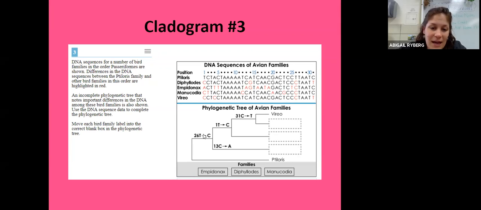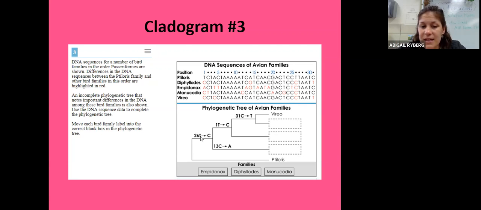So what this actually means, which makes it pretty simple, is this is telling you the mutation or the change in a particular base. So this is saying base number 26. So let's go over here. Here's 26.